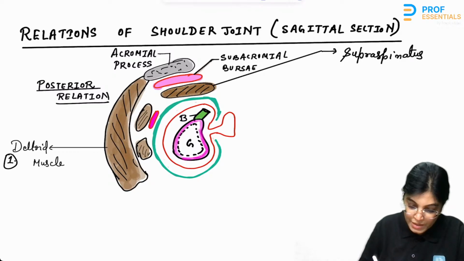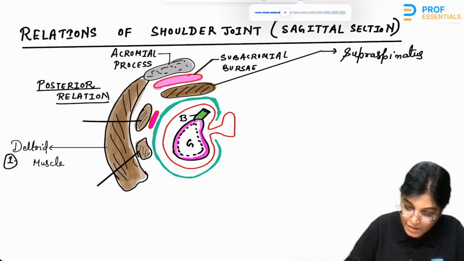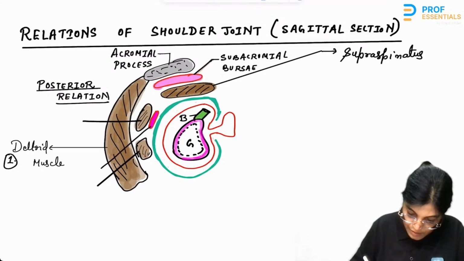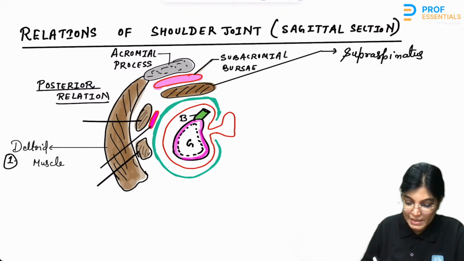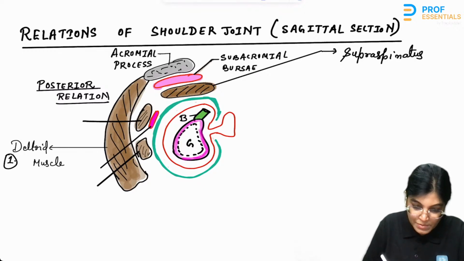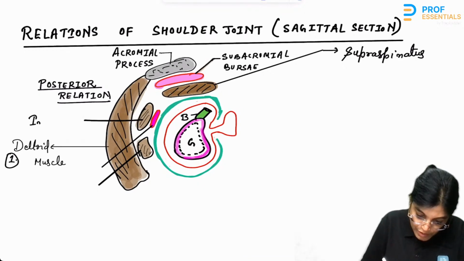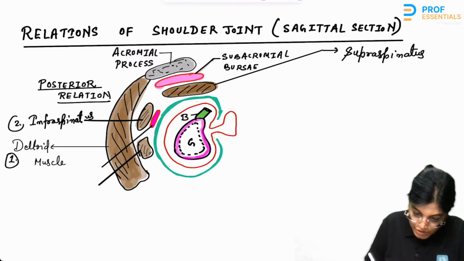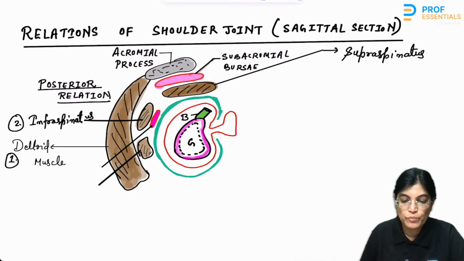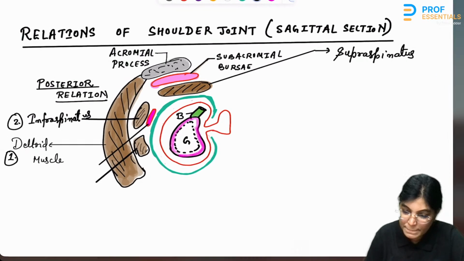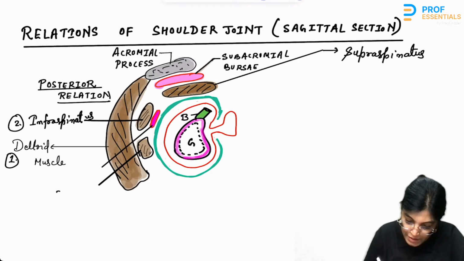So just label it. These are all posterior relations. So basically, the muscle which I have made is the infraspinatus muscle. This is the infraspinatus muscle. This is teres minor muscle. This is the third structure, teres minor muscle.